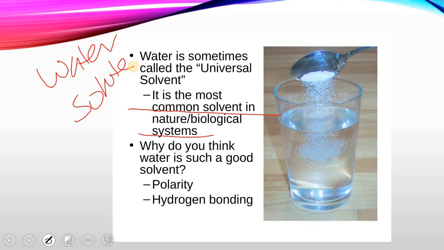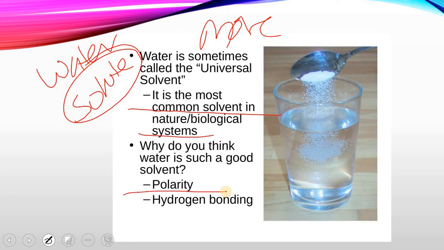So other than water we have other solvent, for example alcohol, kerosene, ether, but water is considered as a universal solvent because it can dissolve more solute compared to the other types of solvent.